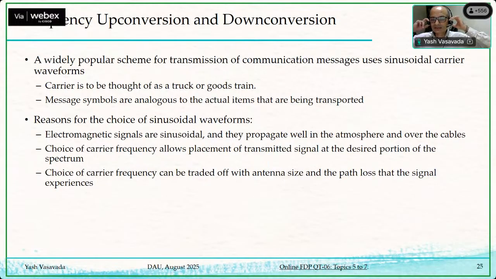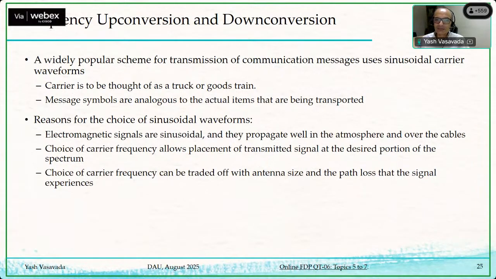So basically, as you know, today's communication devices, almost all of them, operate at radio frequency. Right? That is where the word radio frequency came, because the original radios were using those frequencies. It's like a circular definition.